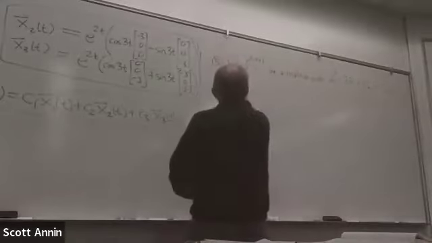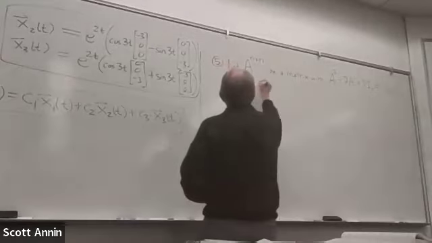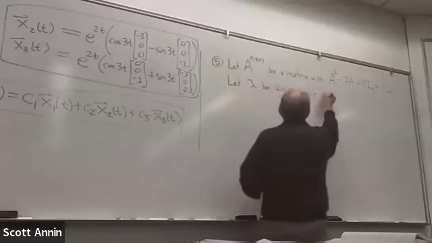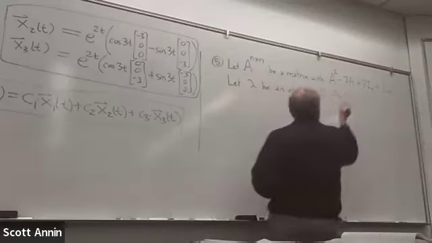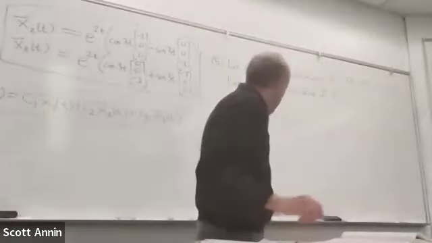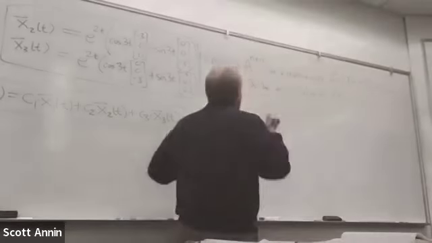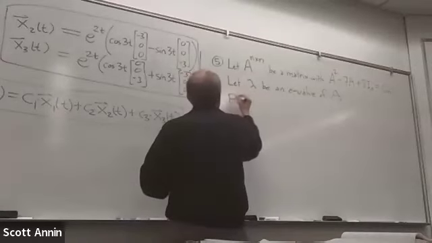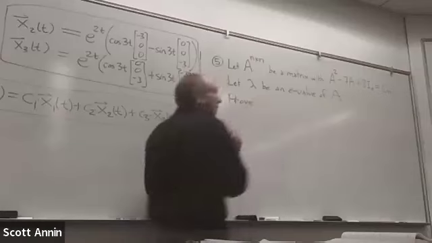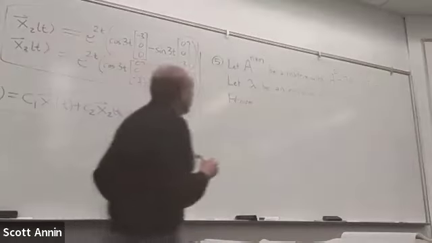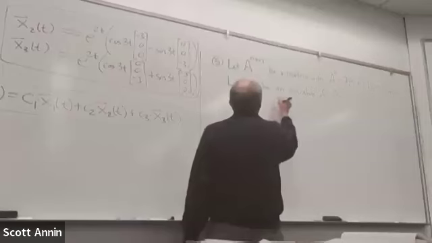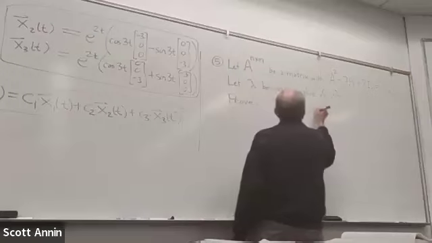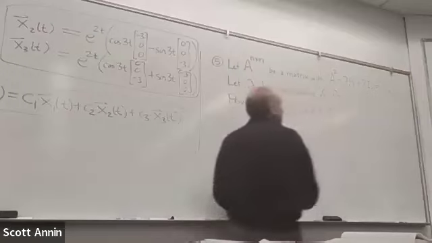And then I'm going to say, let lambda be an eigenvalue of A. And then I would like you to prove that lambda squared minus 7 lambda plus 8 is equal to 0.